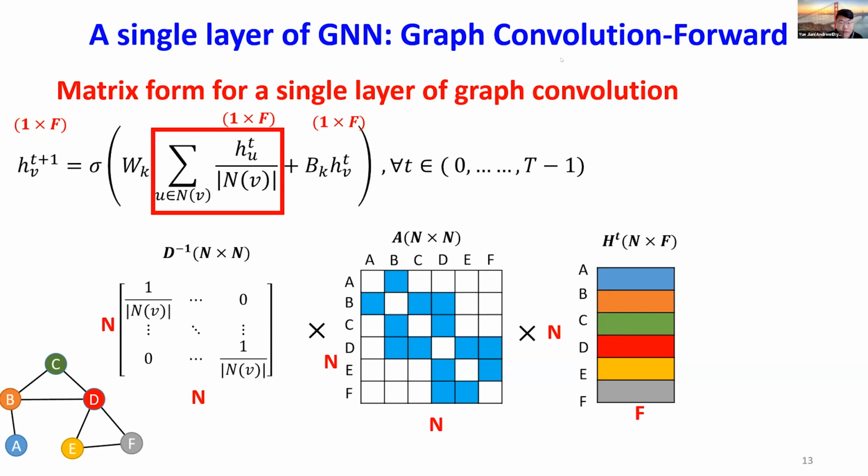Okay, so here is the graph. Now we have discussed that to do this sum operation, we multiply the adjacency matrix on the left-hand side, and to do the normalization, we create a diagonal matrix with elements equal to 1 divided by the number of neighbor nodes on the diagonal.